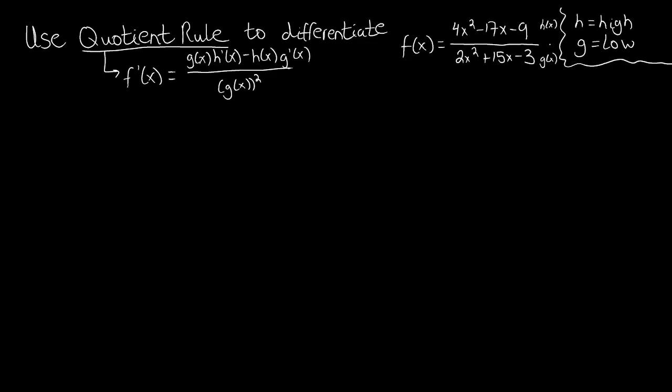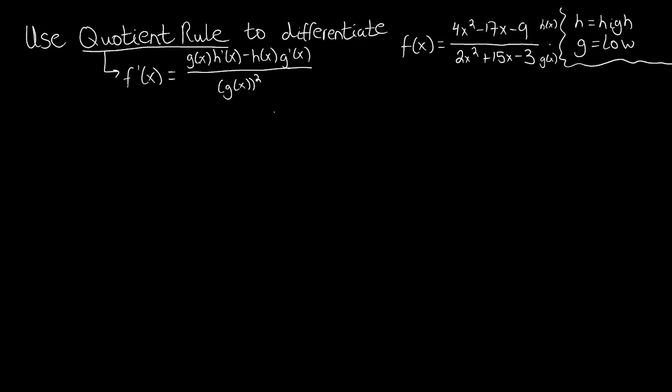Now, I used the names of the functions. You're probably wondering, why did you take all that time to specify high and low? Well, the reason is because trying to remember this can get kind of confusing. So when I learned how to take derivatives, my calculus teacher taught me a little rhyme that I like to keep in my head, and this helped me a lot throughout calculus, Cal 1, Cal 2, Cal 3, what have you, to remember the quotient rule and what it looks like. When using the quotient rule, you have low d high minus high d low, all over the square of what's below.